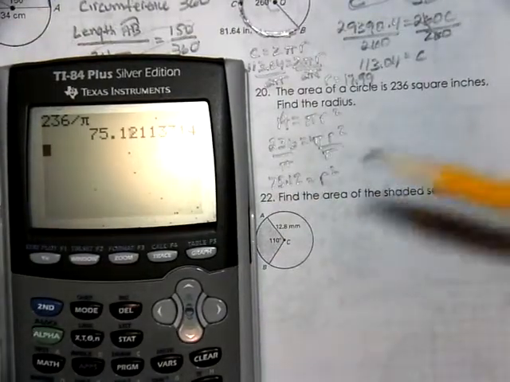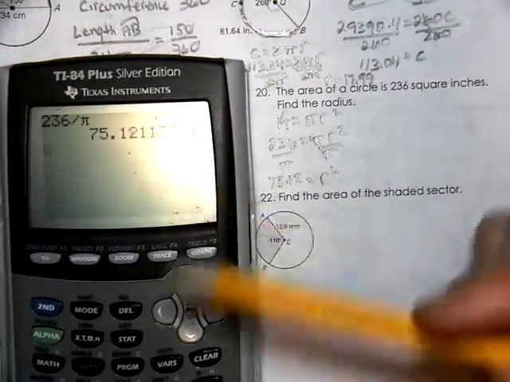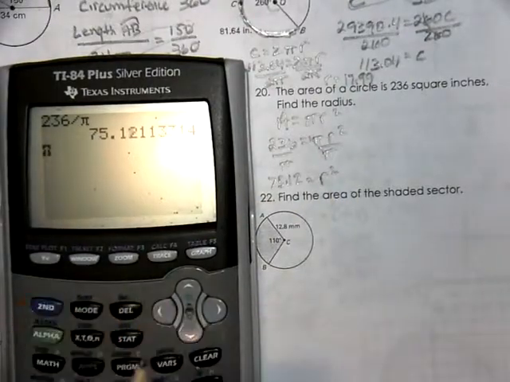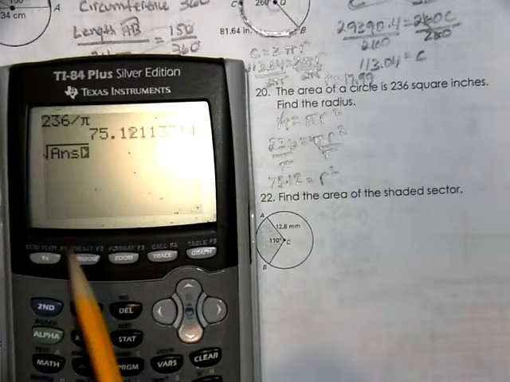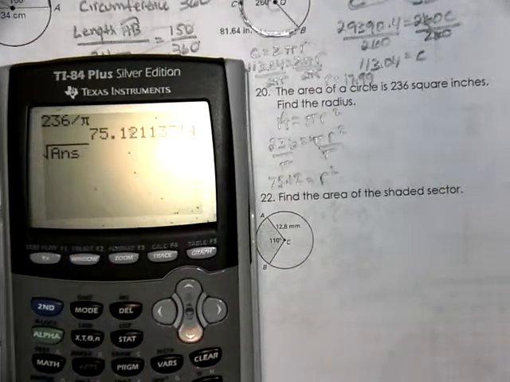Now, instead of starting the problem over and using 75.12, I'm going to take the square root of this full answer. You want to hit the answer on your calculator. In this case, it's the second and the negative sign on your calculator.